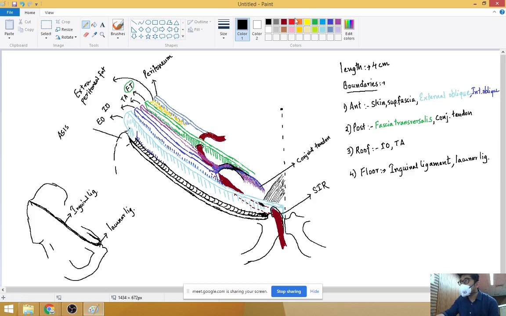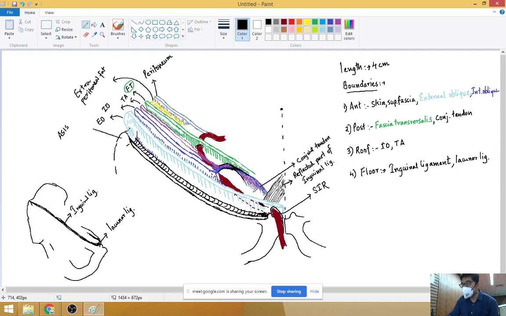So in front of this conjoined tendon, which is forming the posterior wall, just in front of it, I'll just write it here. This area is the reflected part of the inguinal ligament, which is also forming a wall.